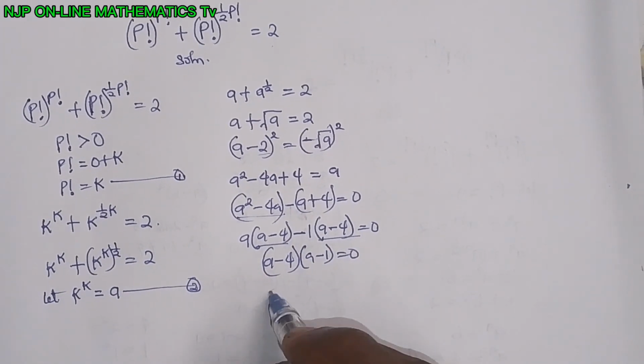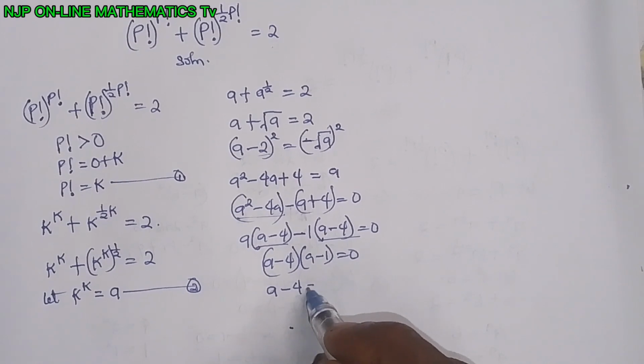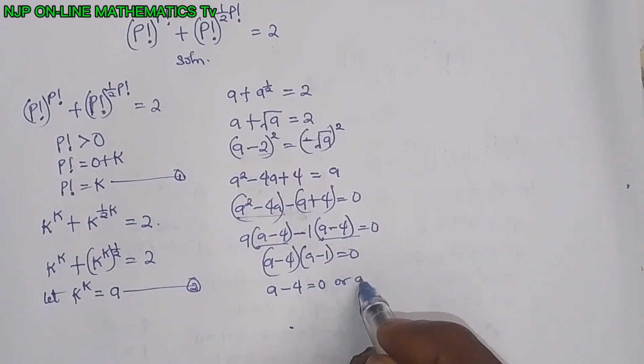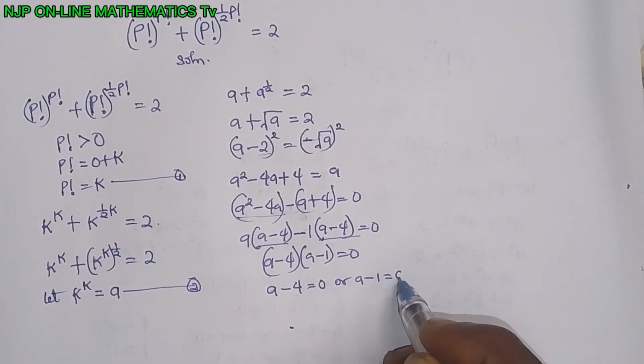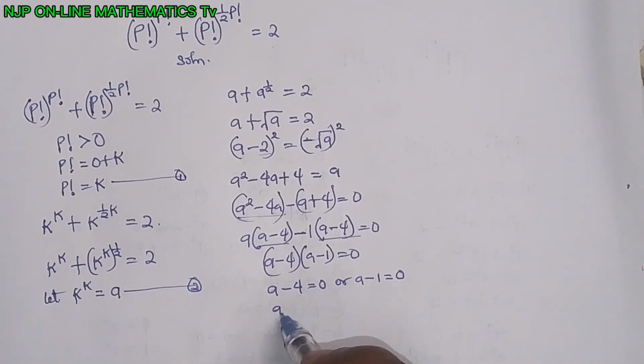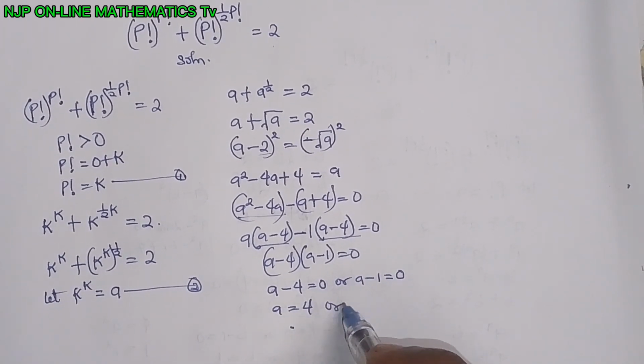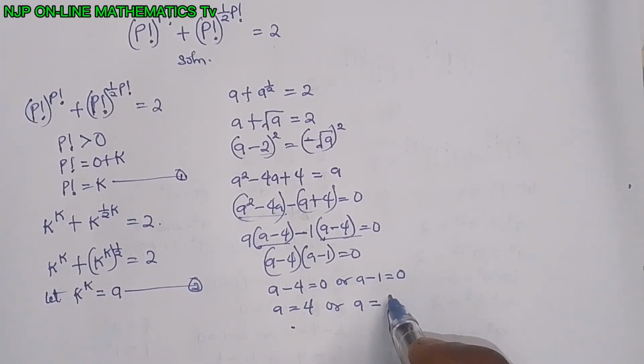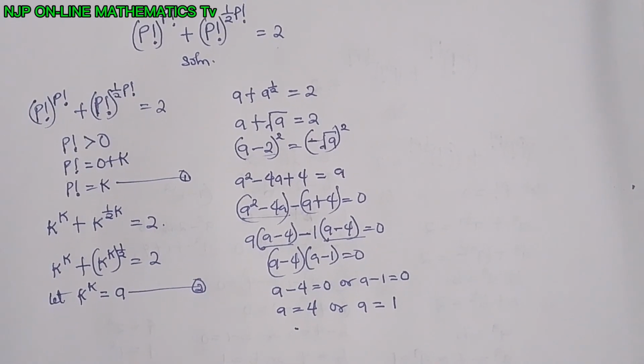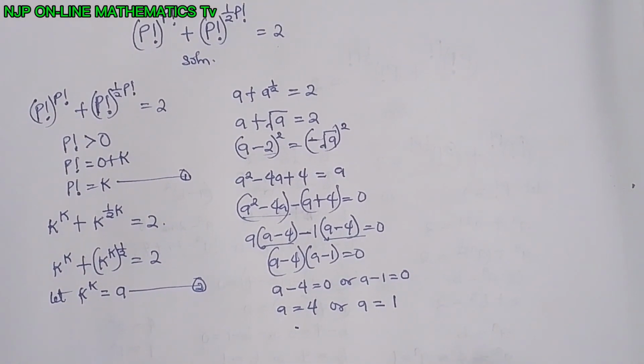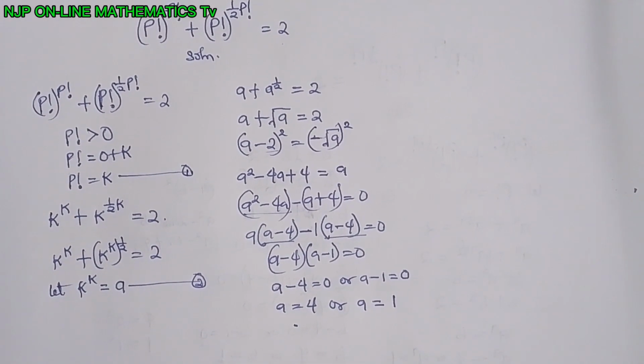So it's either a - 4 = 0 or a - 1 = 0. Therefore, a = 4 or a = 1. So we have just obtained the value of a.